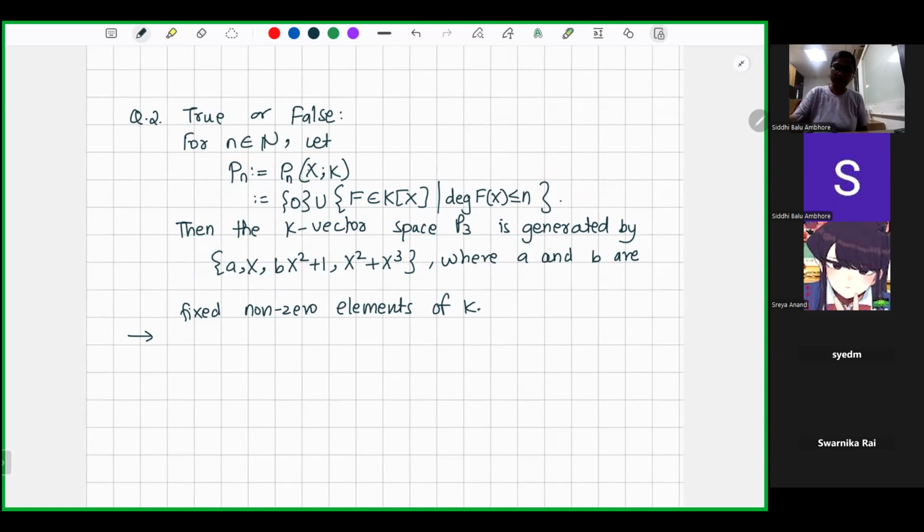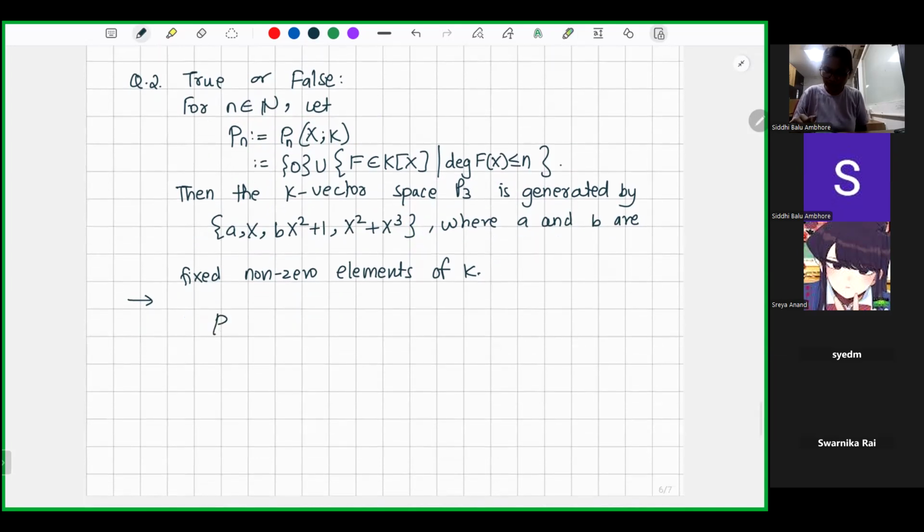So what does P3 mean? P3 means it is {0} union {f in K[x] such that degree of f(x) is less than or equal to 3}. And why do we need this 0 here?